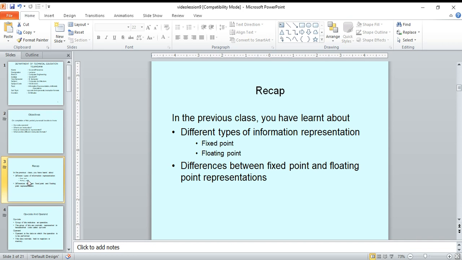But here we need two registers. One is for mantissa and another register is for holding the exponent value. In these registers, we can store the data along with the sign bits. There are so many differences. We already learned these differences in the last classes.